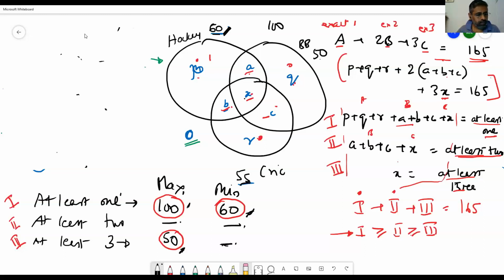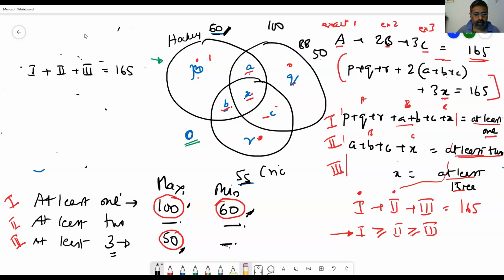Now, based on this, we are going to start the calculation. We are going to find out at least three. What is the minimum value possible? 1 plus 2 plus 3 is equal to 165.